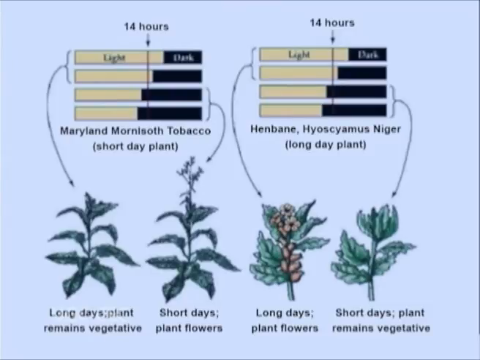Under such a condition, application of GA induces flowering in them. In other words, GA can fulfill the requirement of critical day length in a long day plant even under non-inductive conditions.